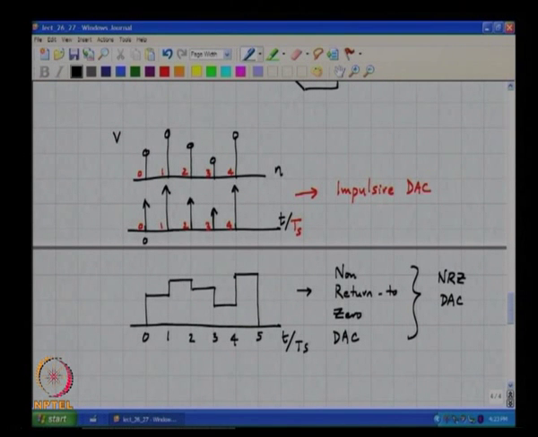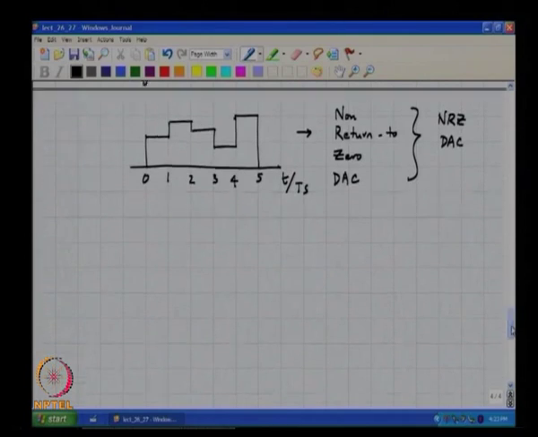Now, given that there is a name called a non-return to 0 DAC, it must also follow that there must be something called a return to 0 DAC, where the waveform actually returns to 0 in the middle of the clock cycle.